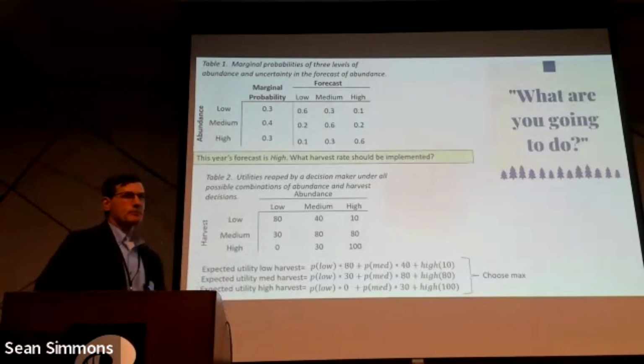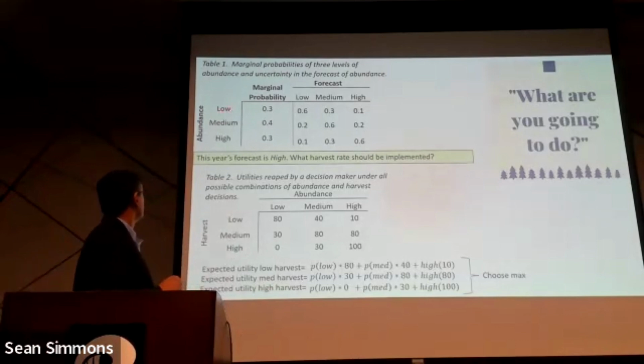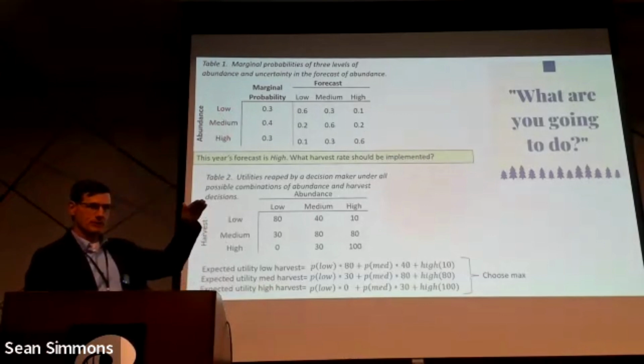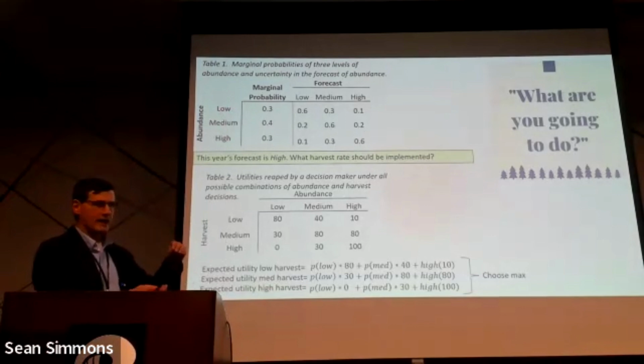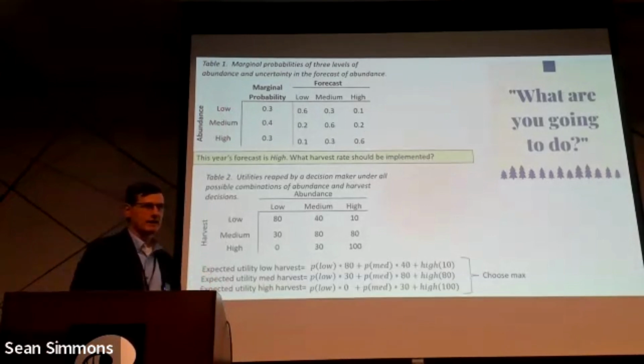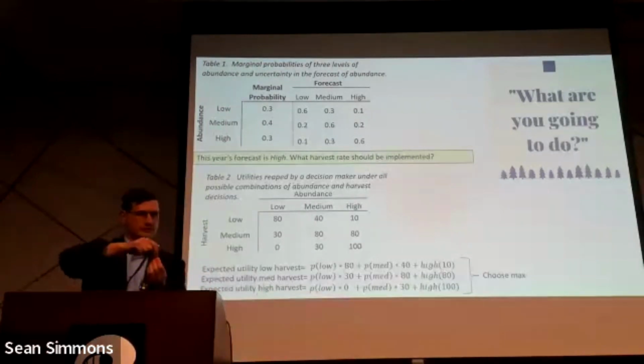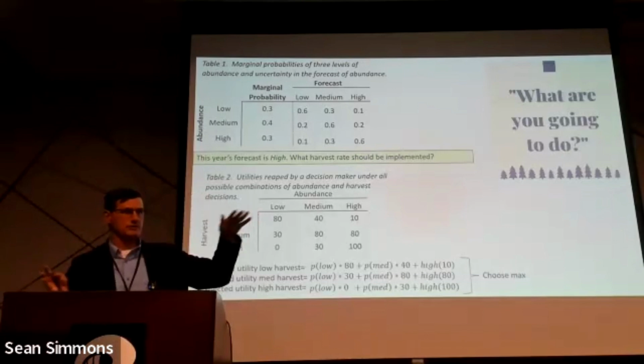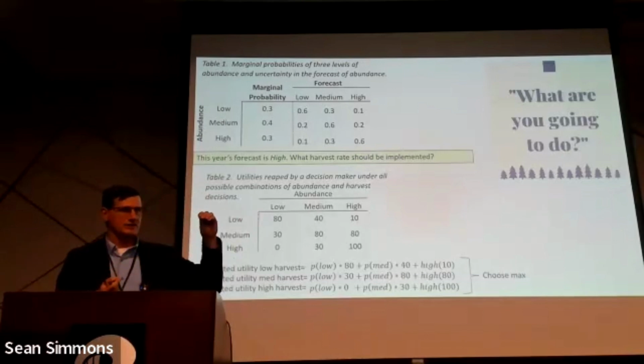Yeah. So imagine instead of having low, medium, and high, we had 5,000 different numbers, and each one corresponds to an abundance that's out there, right? Like we were seeing when we were doing the plots of how far off your forecast is, there's a distribution of deviations that we have.